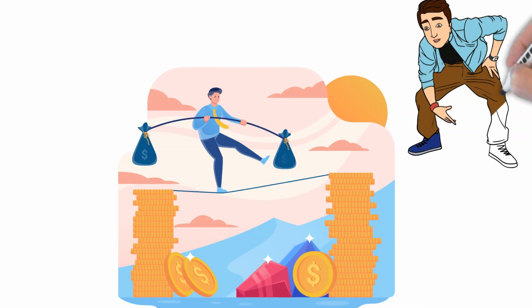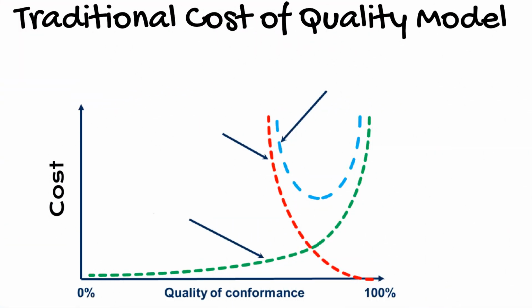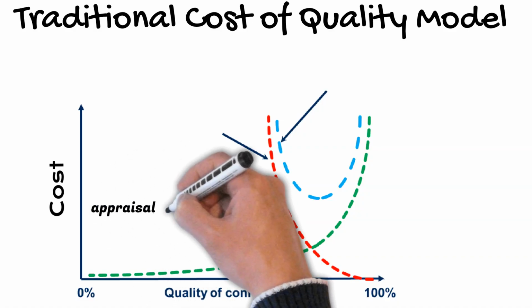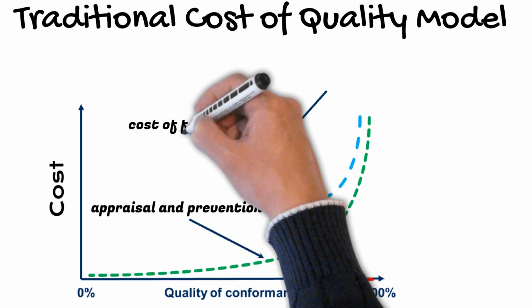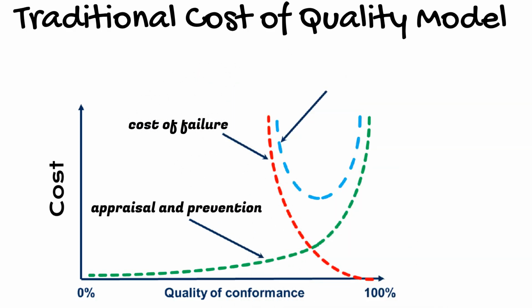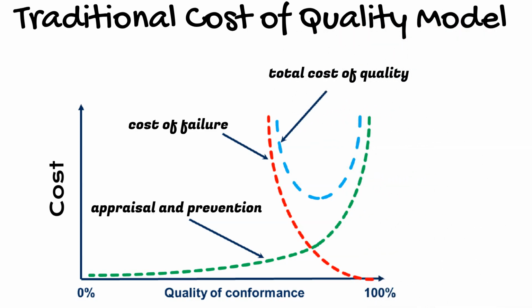There are two well-known cost of quality models. Traditional cost of quality model. The graph depicts the cost of appraisal and prevention grows exponentially with the increase of quality conformance. However, the cost of failure exponentially goes down. By adding both curves together, we get parabolic total cost of quality.